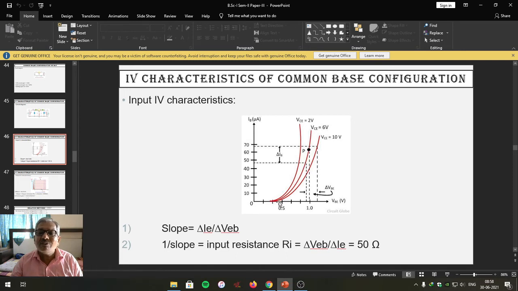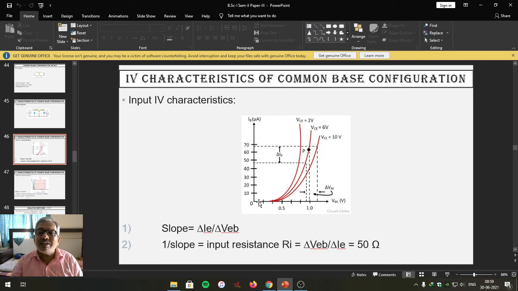This is the third graph for VC equal to 10 volt. If you look at these values, as voltage increases, the curve becomes shallower and shallower. In common emitter, as VC increases the curve becomes shallow. That is the difference. In common base, as VC increases, the curve becomes shallow.